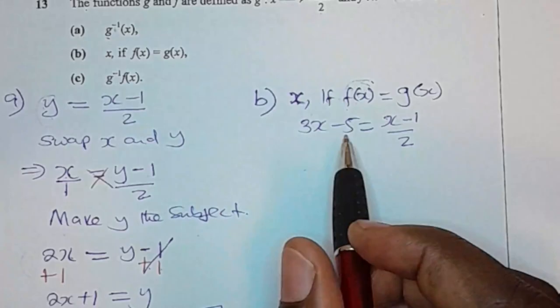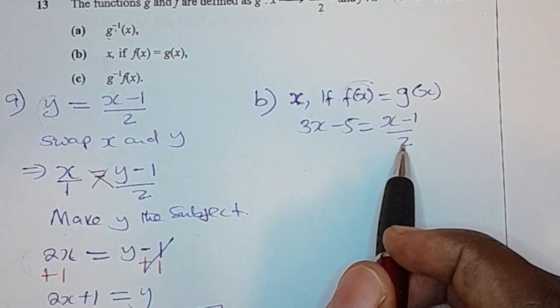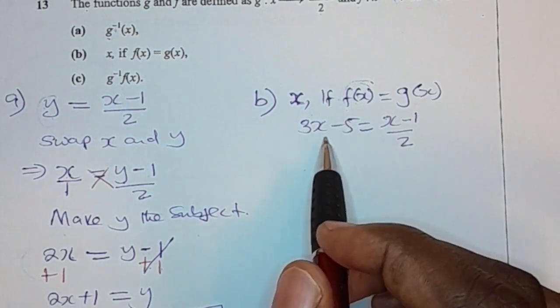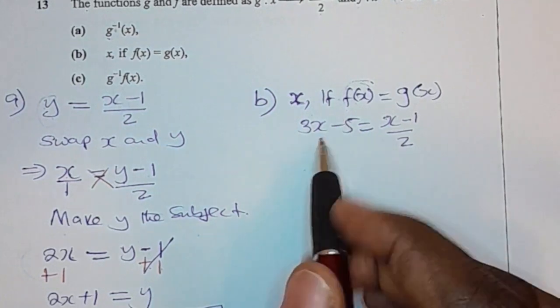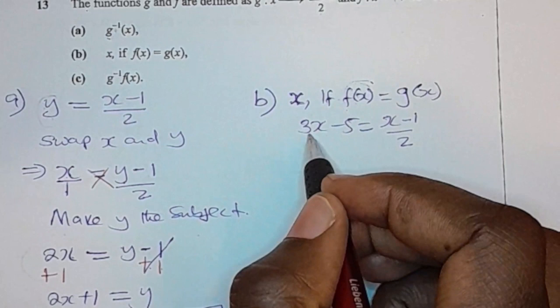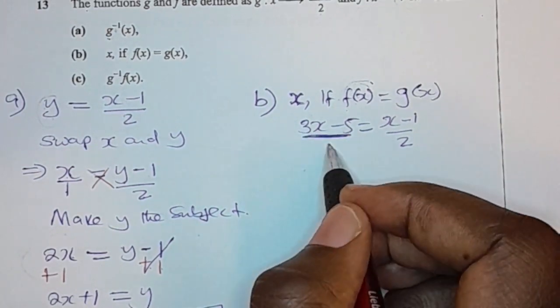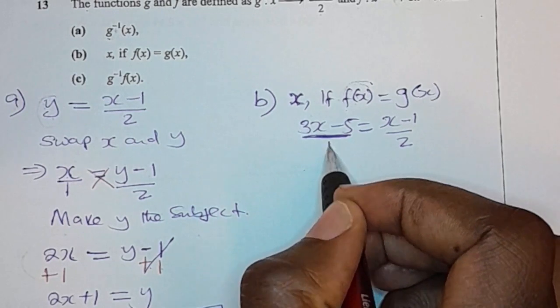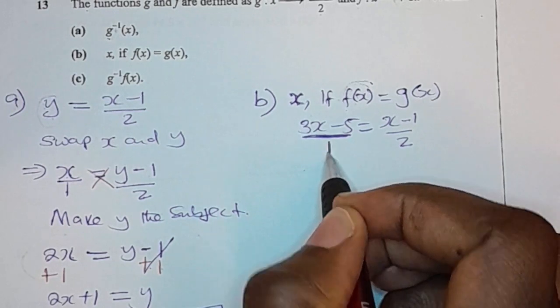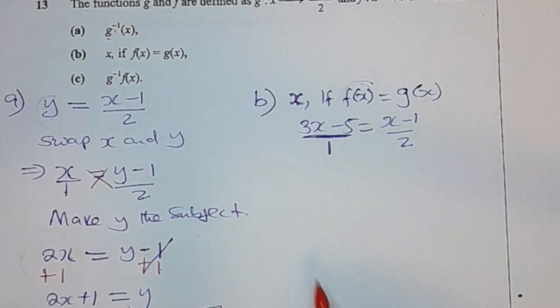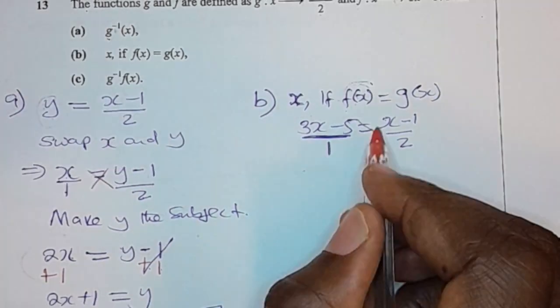When you look at the function on the right, it is a fraction, and the one on the left is not a fraction. So we need to make the function on the left a fraction, and it can be written as over 1. Again here we are going to cross multiply.